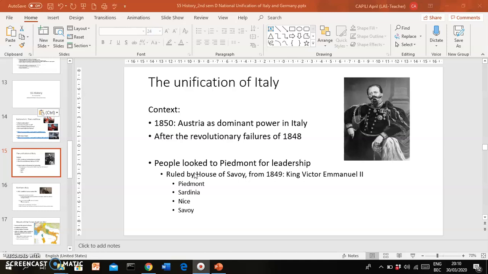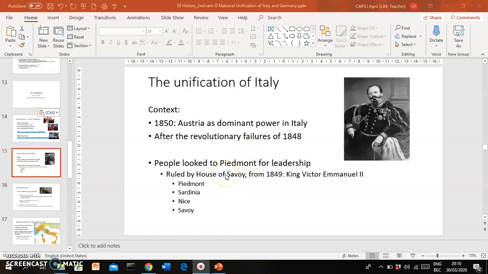And you have to keep in mind the failed revolts, the failed revolutions that were started by revolutionaries in Italy, but which came to naught. Nothing happened. They weren't able to achieve their goal of unifying Italian-speaking areas.